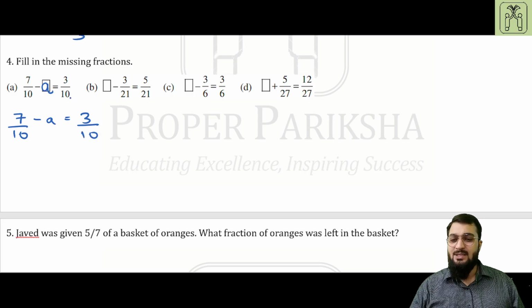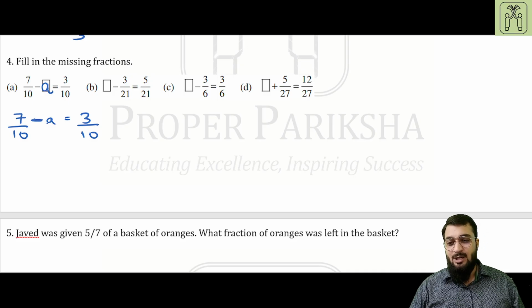You can take B, C, D, X, Y, Z, P, Q, R, S, anything. Now what you have to do is take the RHS to the LHS and the LHS to the RHS, and the signs of the algebraic expressions are reversed correspondingly.